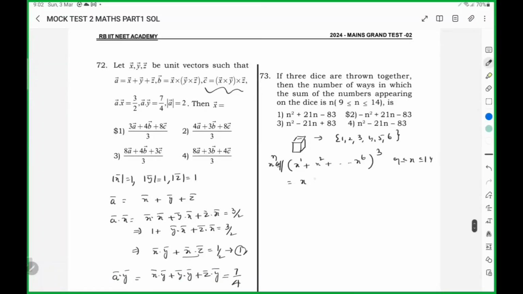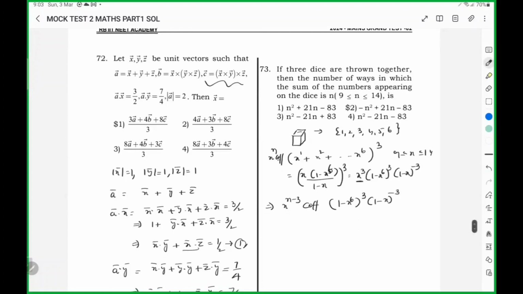This I can write as (1 minus x^6) by (1 minus x) whole cube, that is x³ (1 minus x^6)³ (1 minus x)^-3. So here x³ is already there, so you have to find the coefficient of x^(n-3) in (1 minus x^6)³ (1 minus x)^-3.